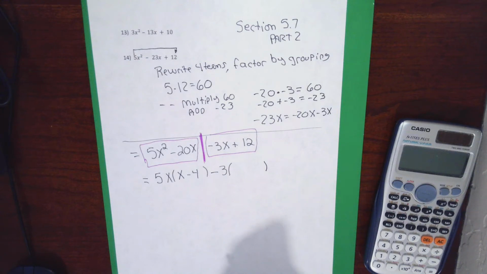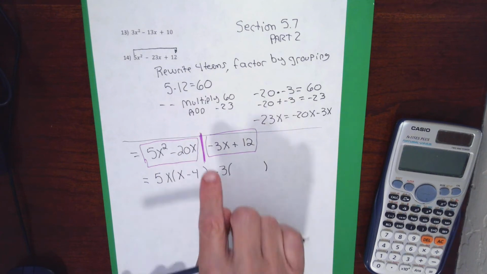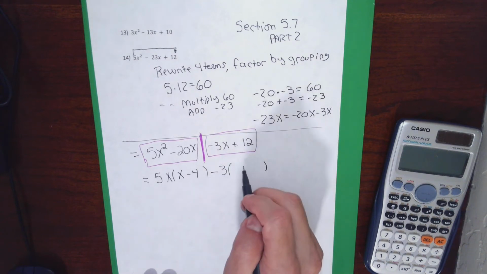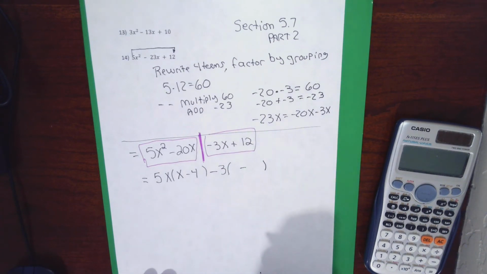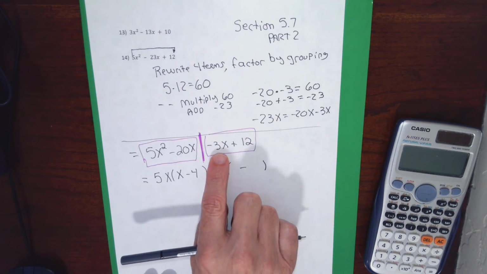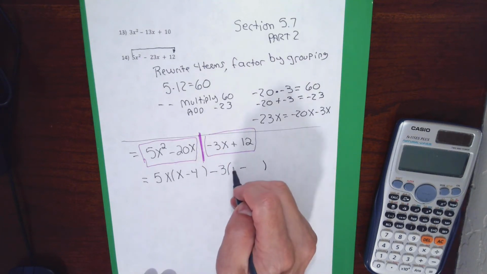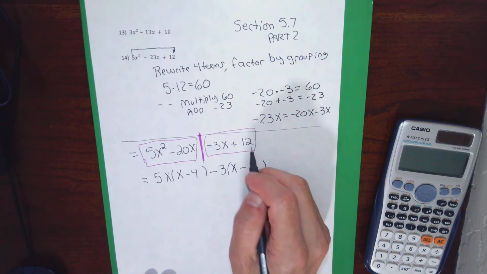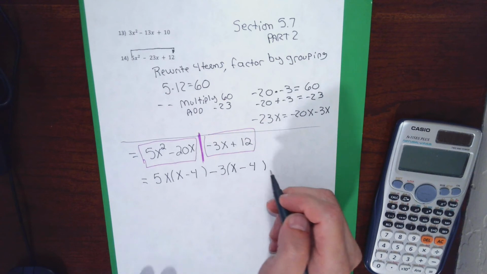To fill in that parentheses, because I factored out a negative, I need to switch signs. So this minus sign is going to switch to the implied plus sign. This plus sign is going to switch to a minus sign. I factored out a 3, so I need to divide numbers by 3. Have my signs filled in already. This 3 is going to turn into a 1 because 3 divided by 3 gives me a 1. I leave the x. This 12 is going to turn into a 4 because 12 divided by 3 is 4.